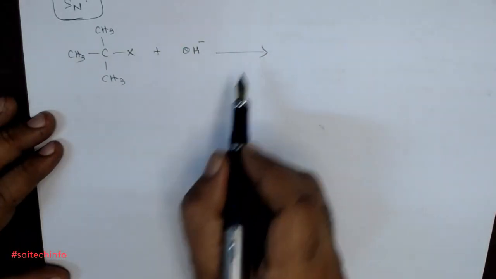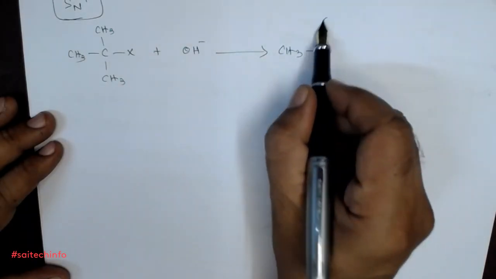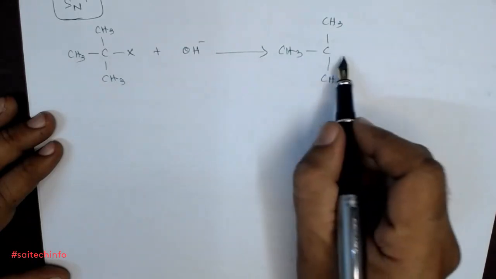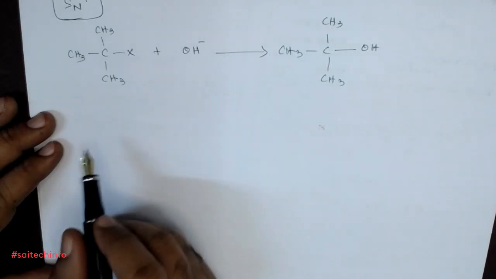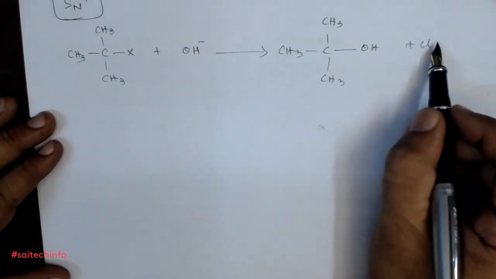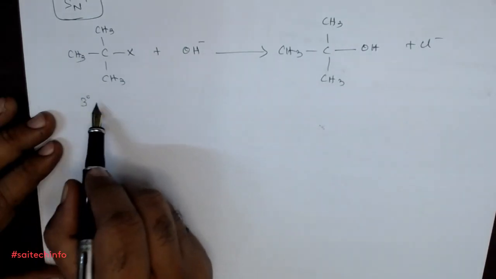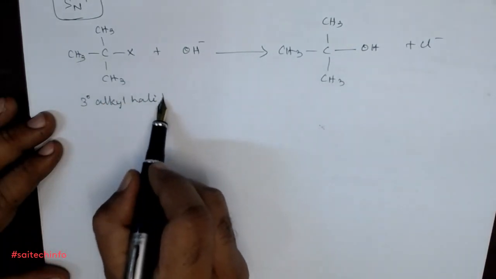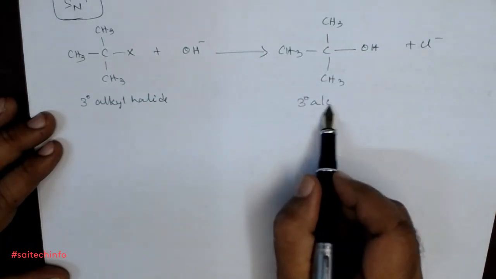So it forms CH3, C, CH3, CH3, and instead of X it is replaced by OH, and the halogen is left out. So this is tertiary alkyl halide, whereas this is tertiary alcohol.